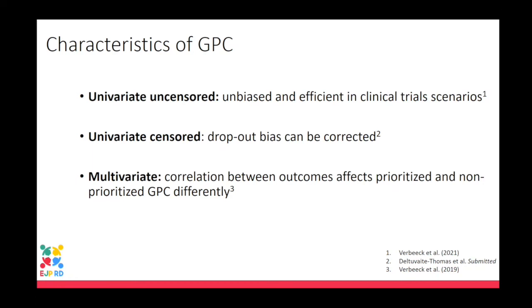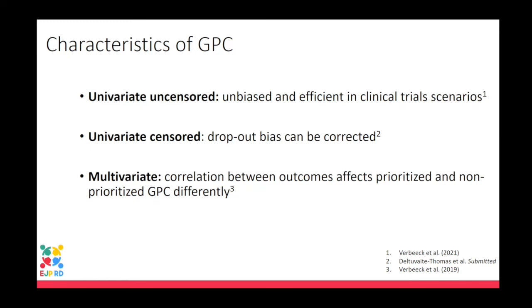And then importantly as well, the correlation in a multivariate outcome is captured by these prioritized and non-prioritized GPC, but in a different way. So in the prioritized GPC, when we rank our outcomes, your statistic itself, so the net benefit, for example, will change depending on the correlation. So you will see on the effect size measure that it will change with the correlation, which is interesting, for example, in a benefit risk analysis.